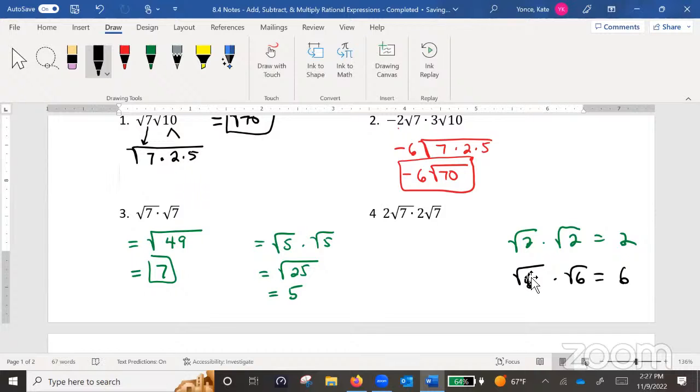It's square root of 36, which is 6. So shortcut, a radical times itself is the number inside, is the answer. Yes. Any radical times itself, the answer is the number inside. Okay. So what do you think for number 4?